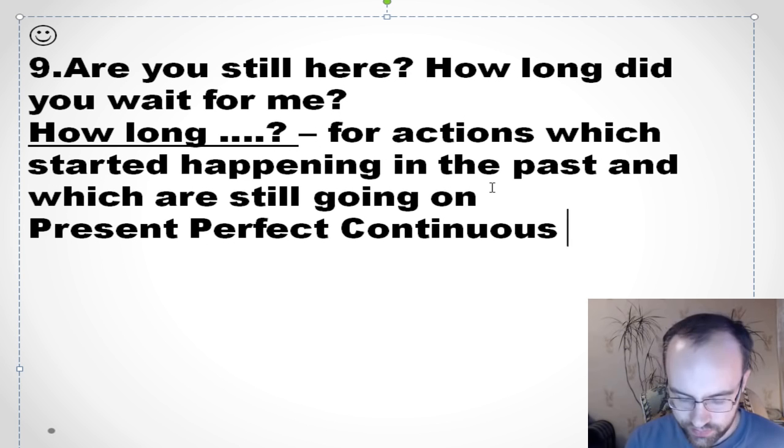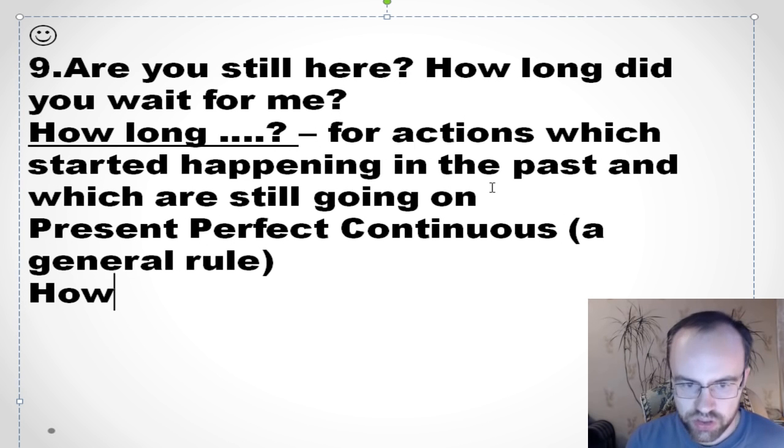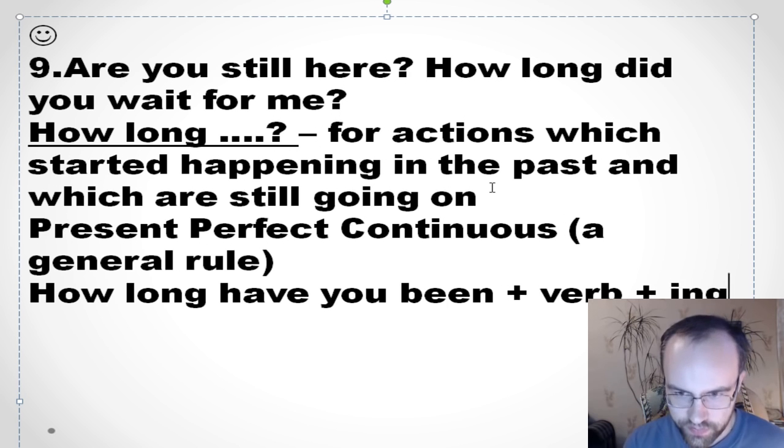So with how long, a general rule for present perfect continuous: you need to ask, how long have you been plus verb plus ing. Okay?